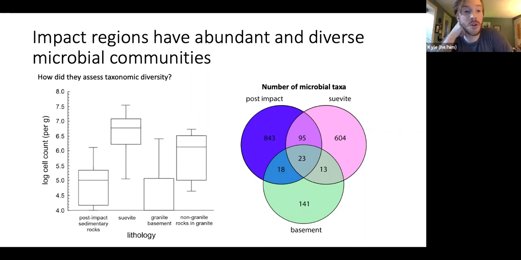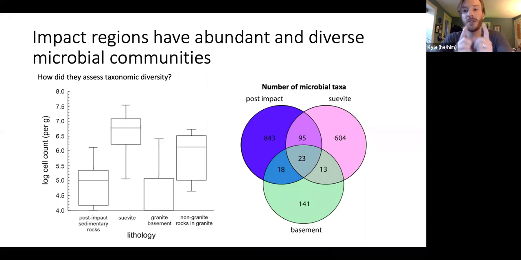Exactly, yeah. So that is a technique where you can basically fingerprint any microbe by using the sequence of their ribosomes. So ribosomes are the protein-making factories in cells, and generally every species has a unique sequence.